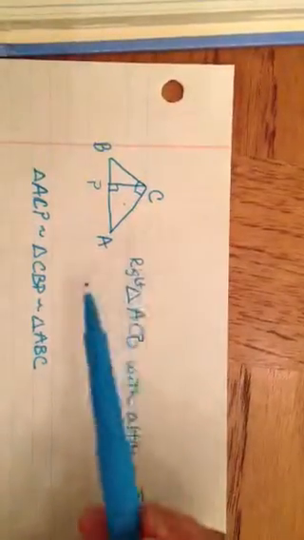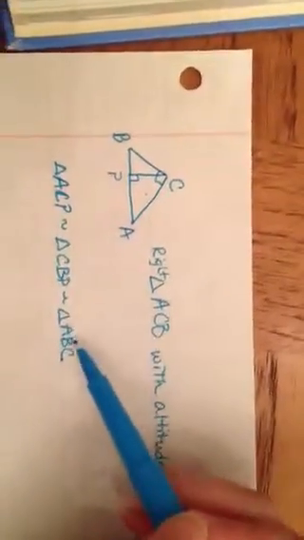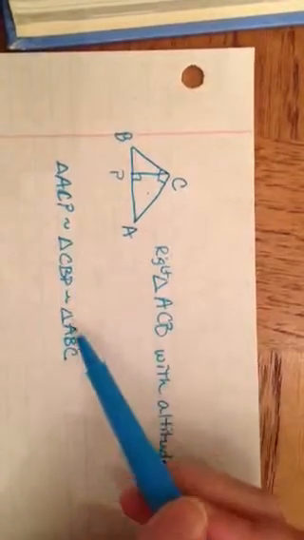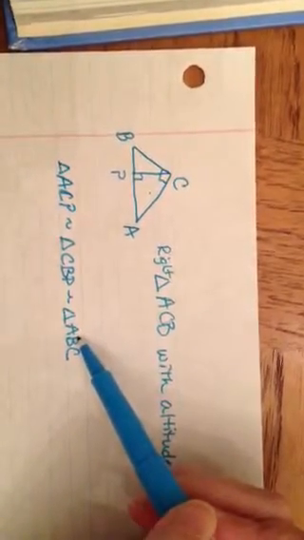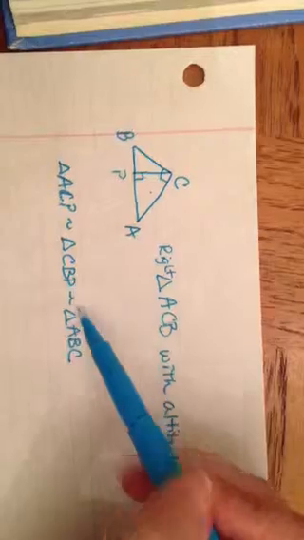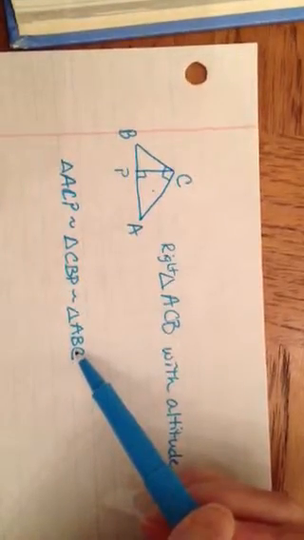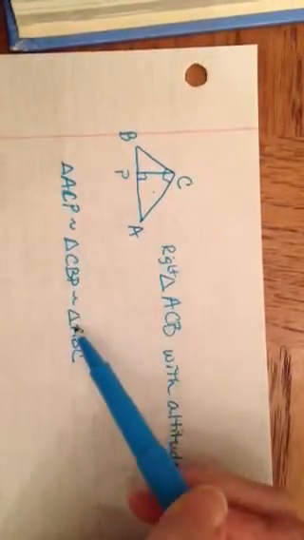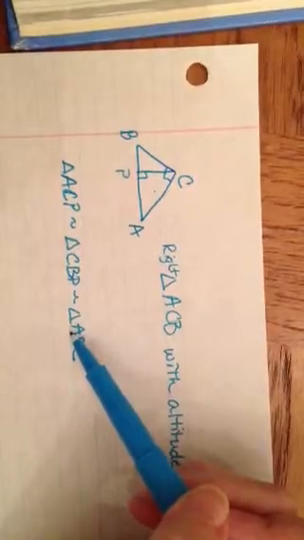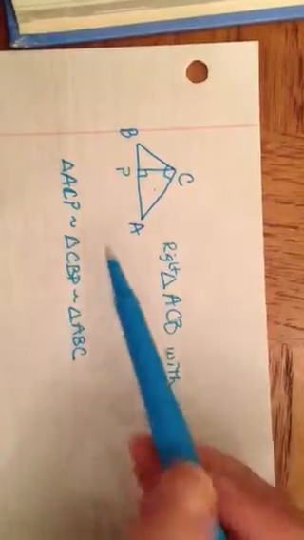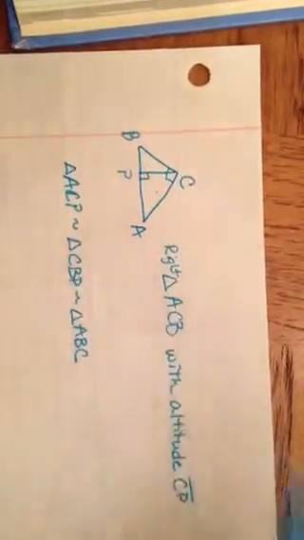The same thing would be true if I look at the other two small ones. The B's are one pair of congruent angles, and the P and the C are another pair of congruent angles, so these two triangles are similar by angle-angle. And then these two, the same reason.